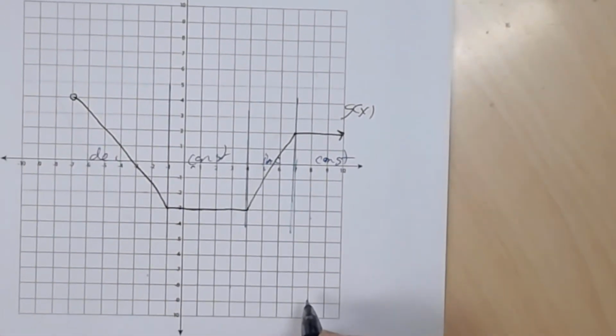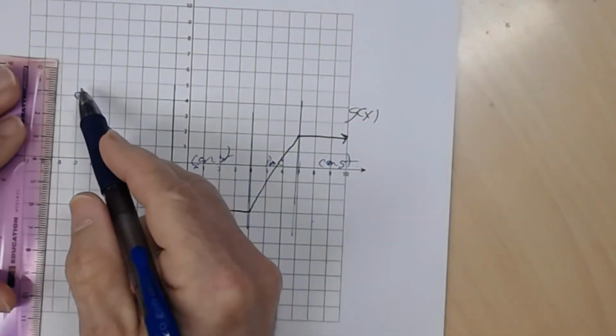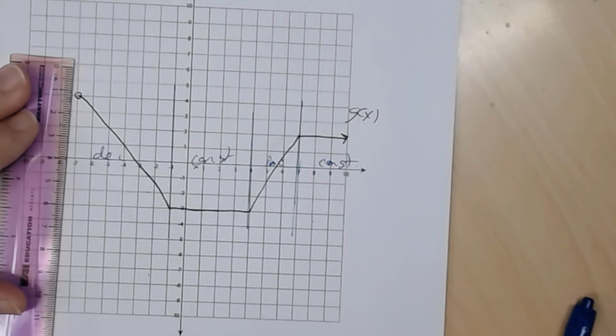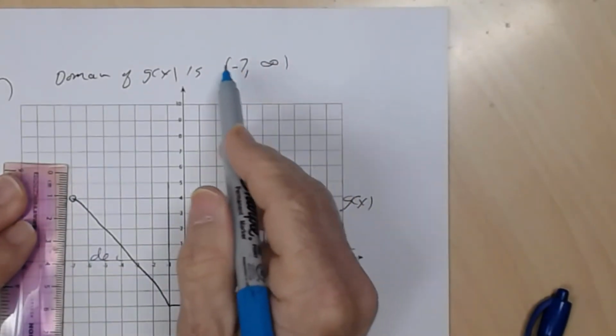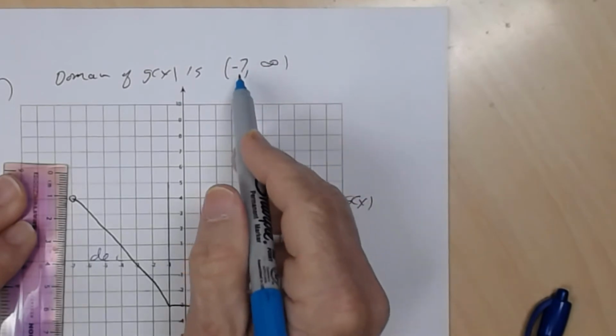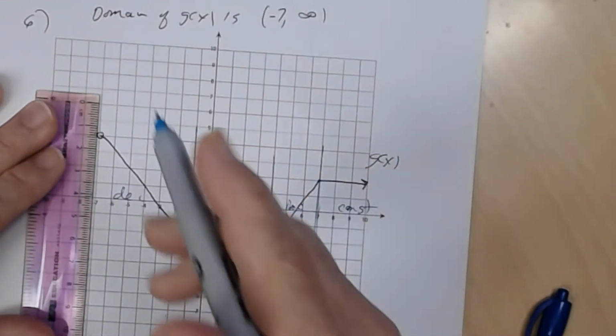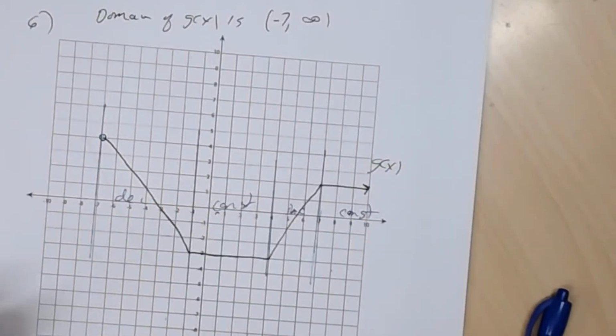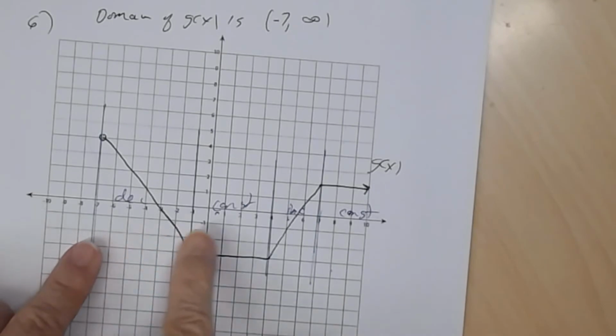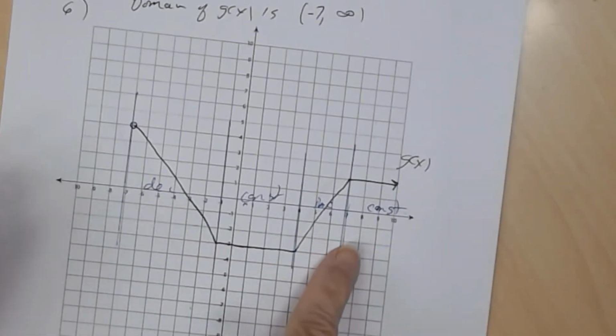Okay? All right. Now, let me go back right here. This is where we started, right? Because that's where my domain began. So there's no -infinity to infinity. It's -7 to infinity with parentheses. So I'm going to go ahead and put a vertical line here as well. All right. So notice that these blue lines divided my domain.